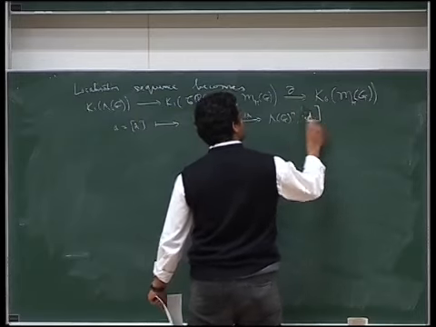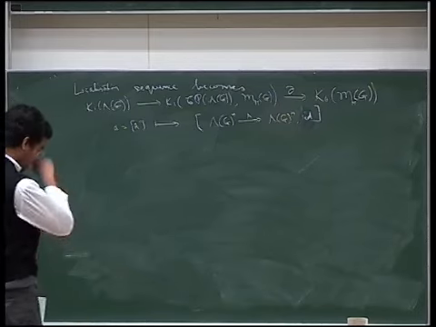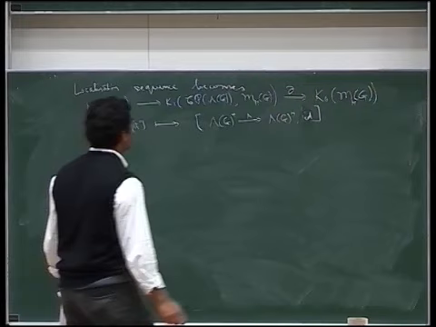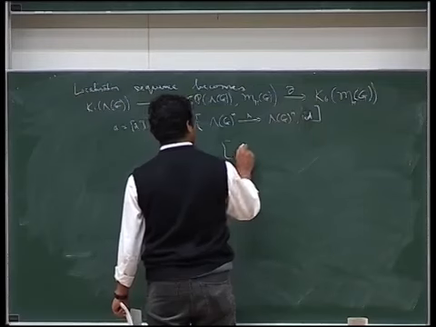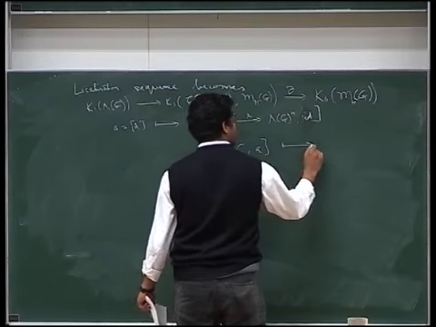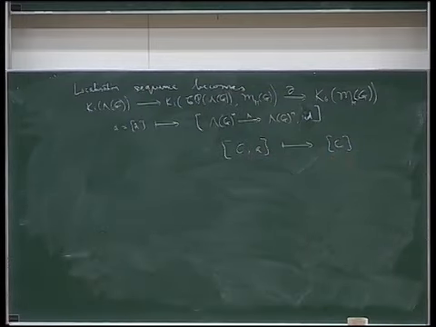So this is acyclic, so it remains acyclic after localizing because localization is flat. And what's the map from here to there? You just take any C and A and send it to the class of C. Okay.